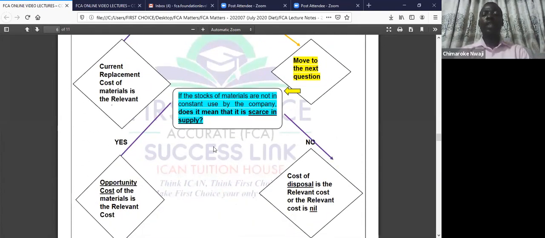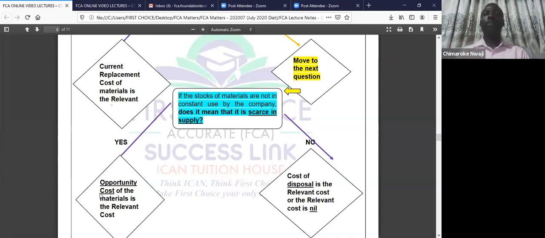The consideration here says, if the stock of materials is not in constant use by the company, does it mean that it is scarce in supply? Why are we not using this thing constantly? Could it be that it is scarce in supply? Yes, if it is scarce in supply, that means opportunity cost is important because that material is important.